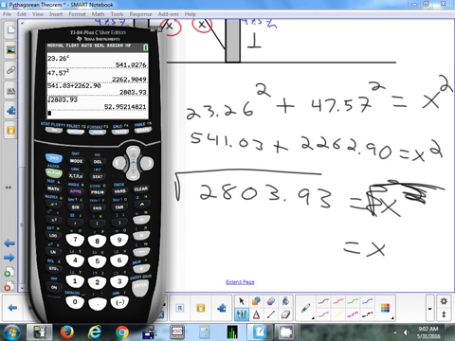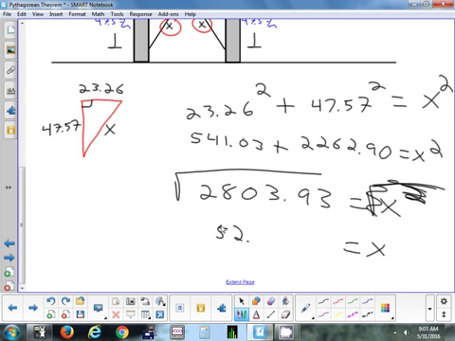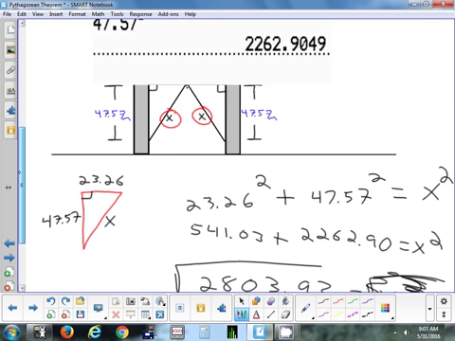What would that round to? 52.95. This time it would round down, wouldn't round up. I always like to go back up and make sure if they had a label, I include it.